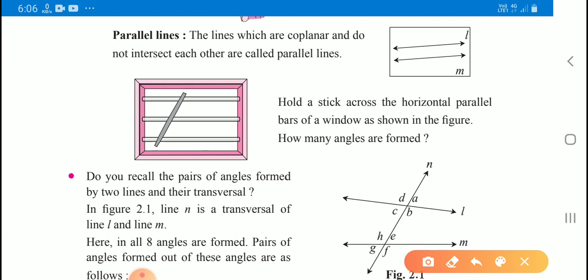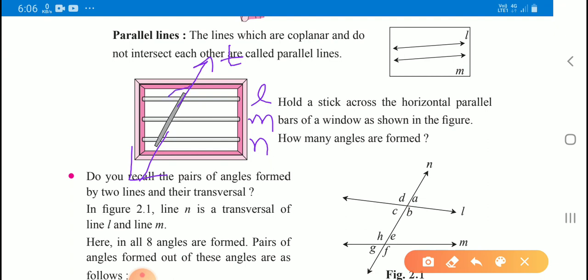Suppose two parallel lines we'll consider, such as L and M. And this line just I will extend here, and this one N. Suppose these three are parallel lines and this is the transversal. We'll denote this as T.